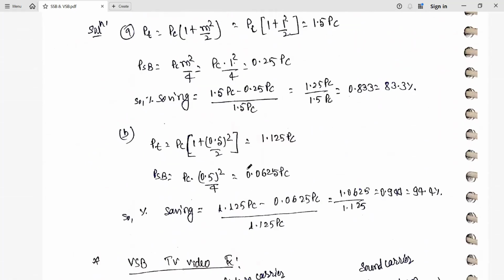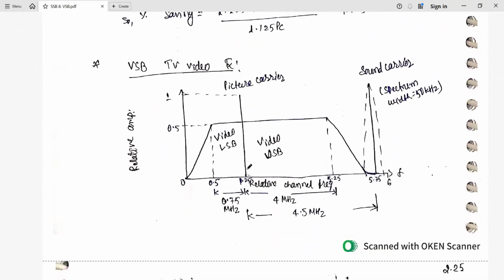Here we'll see a small thing about VSB for TV video transmission and how it occurs. On the y-axis we have relative amplitude, and on the x-axis we have frequency.